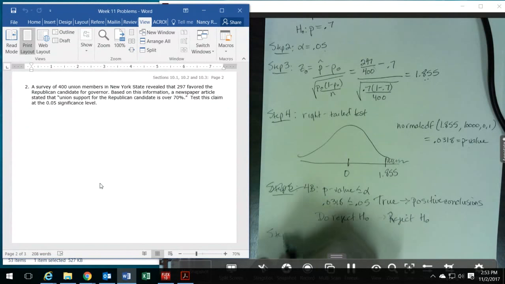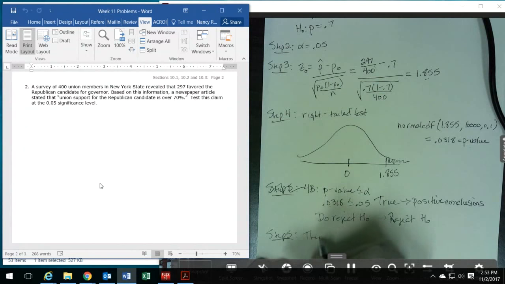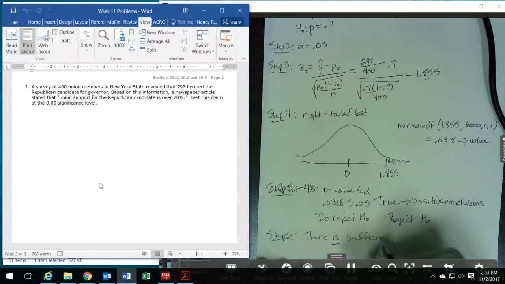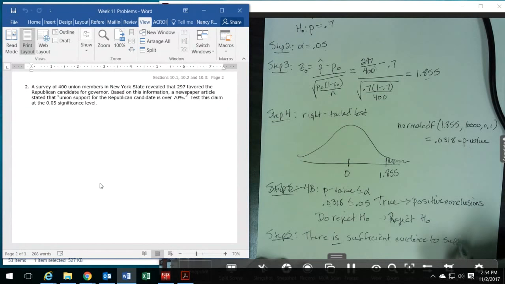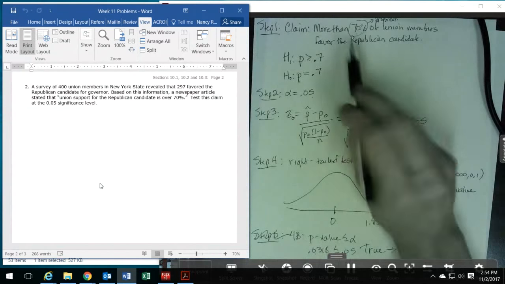Okay, then for my step 5, I'm going to take this and write it in terms of my original claim. Since this is a positive conclusion, I'd say there is sufficient evidence to support the claim that, and then I'm just going to go back up here and see what my claim was to start with.